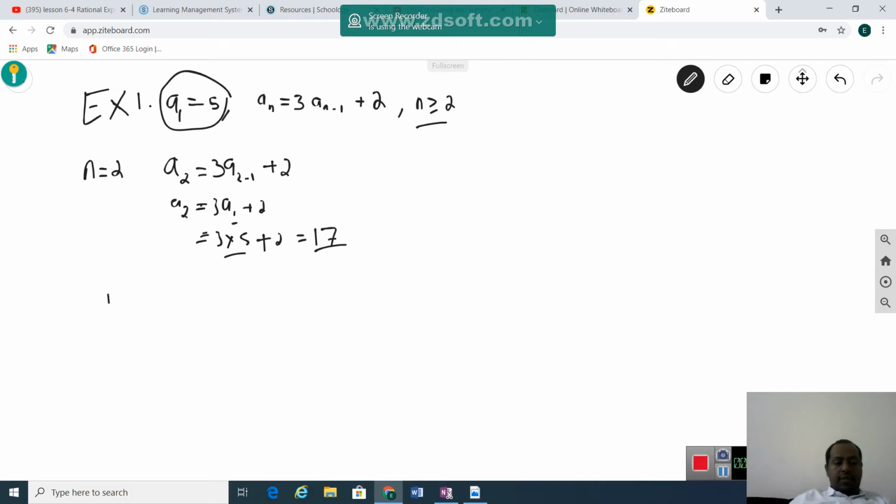To find the third term, I need to plug n equal to 3 into the recursive formula. So a sub 3 is equal to 3 times a sub 3 minus 1, which is 2, plus 2. So this will be 3 times a sub 2, which is the second term, plus 2.